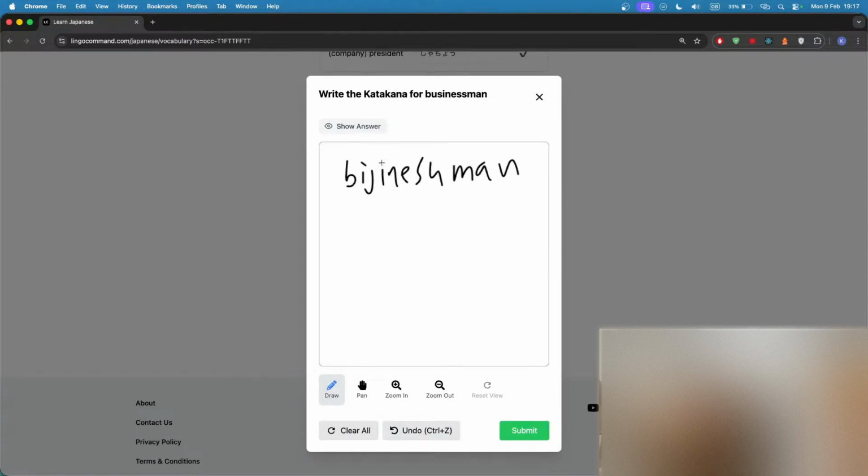And then this is bijinesuman. So that is he. This way it becomes B. Let's try and write this a little bit more neatly. This is shi, and if you apply dakuten, it becomes ji.